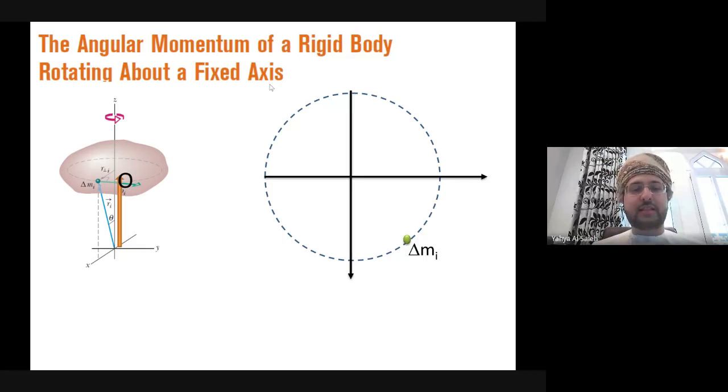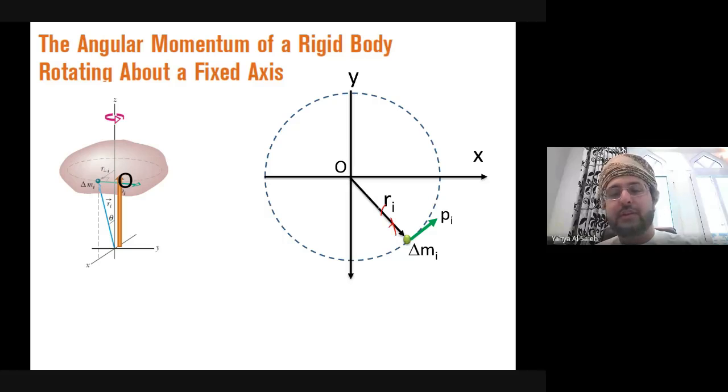Now, if I look at this object with a very fine microscope, and I take a very tiny piece of it with a tiny m, delta m, it's going to be going at mv in some direction with a tiny momentum, p equals mv. Now remember, v is different for each point in a circle.